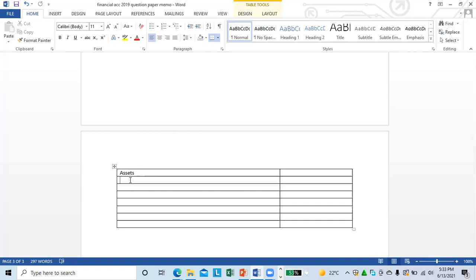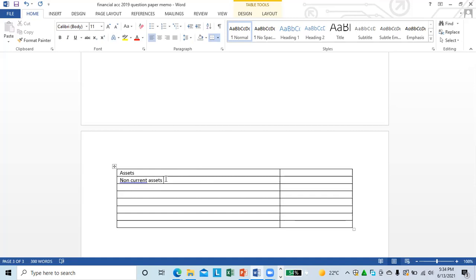So we have non-current assets. Under non-current assets, looking at these changes in membership interest, did it have any effect on our non-current assets?